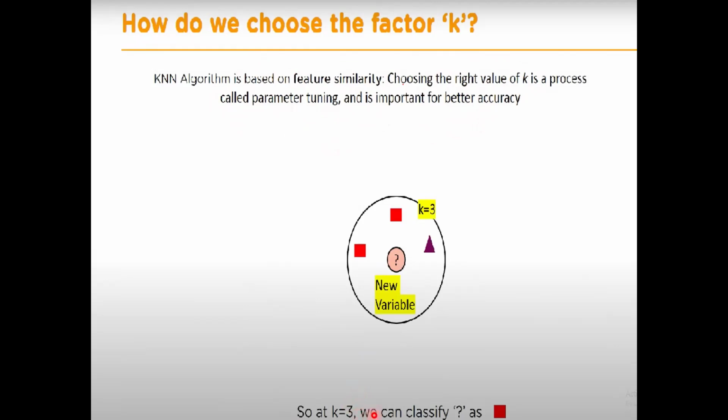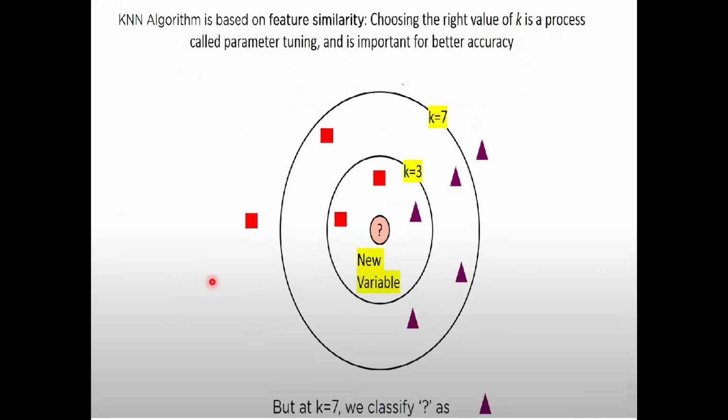So at K equals 3, we can classify as we are going to see now, right? KNN is based on feature similarity. In this process, we are going to choose a better value for K. For example, this is the new data point available, and these are the existing data points. So here we are going to form the clusters like this.